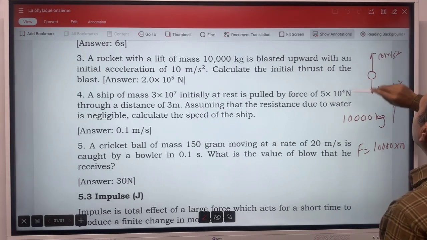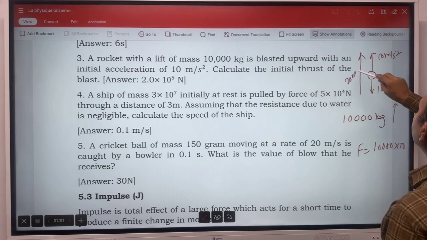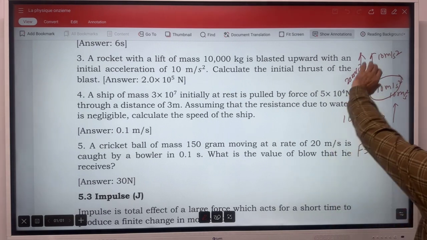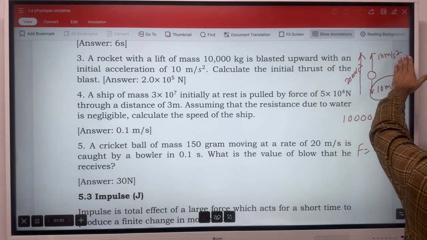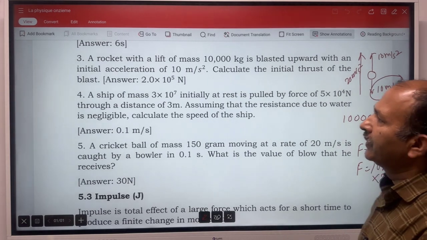What does this mean? If we take total acceleration in the upward direction as 20 meter per second square and we reduce it by acceleration due to gravity, then we will get 10 meter per second square as net acceleration. So here, instead of multiplying by 10, we have to multiply by 20. So F will be equal to 10,000 times 20 Newton, and that will be our answer.